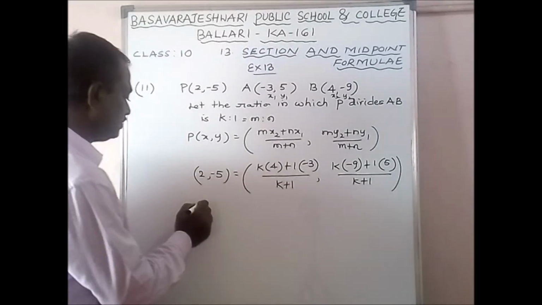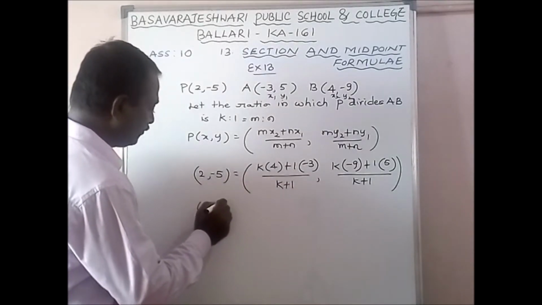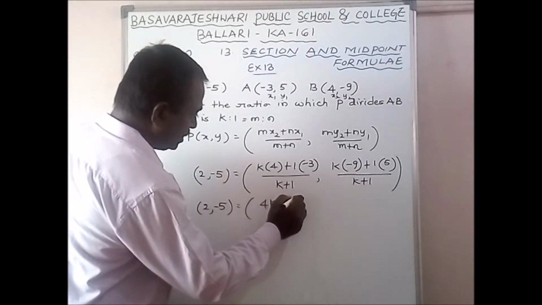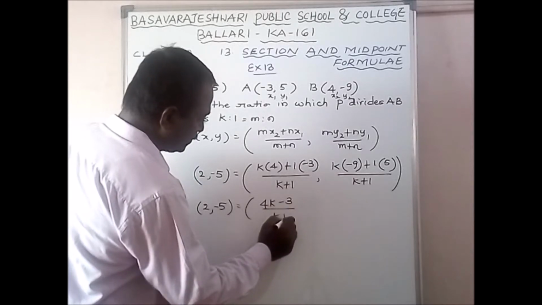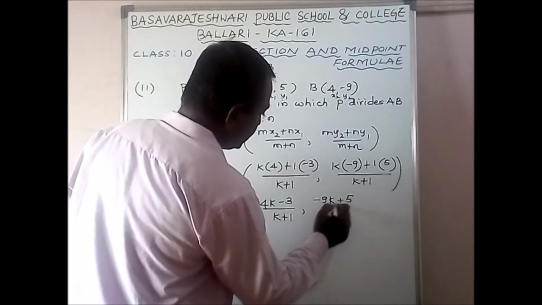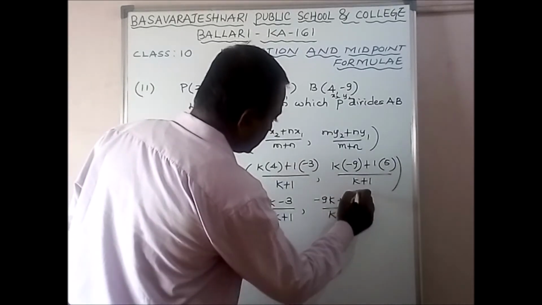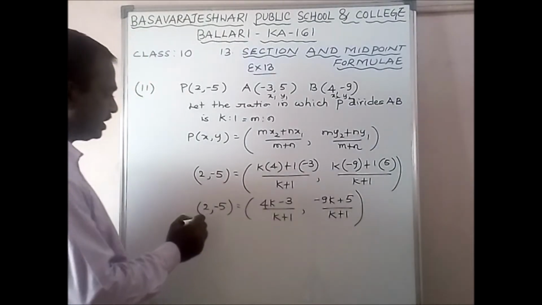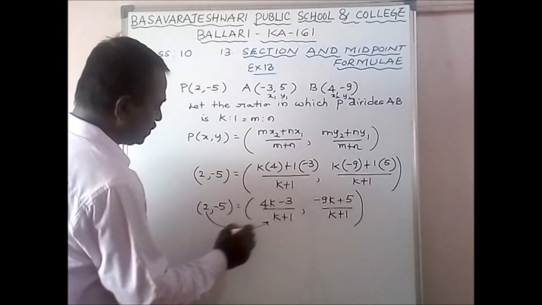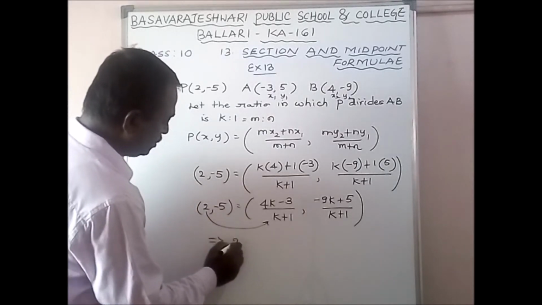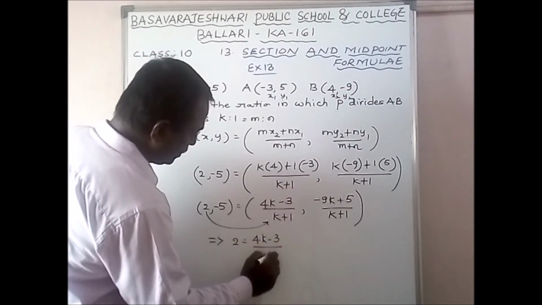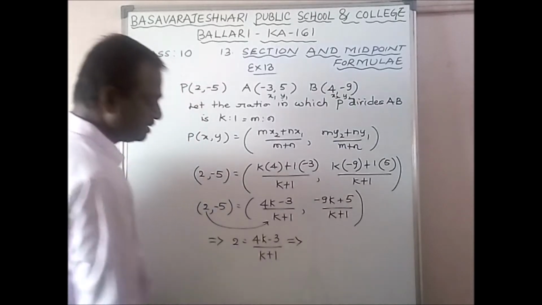Substitution is over. Now we have to simplify. (2, -5) is equal to ((4k - 3)/(k + 1), (-9k + 5)/(k + 1)). Now we can take the x coordinates or the y coordinates to get the ratio. I will equate the x coordinates. Therefore 2 is equal to (4k - 3)/(k + 1).